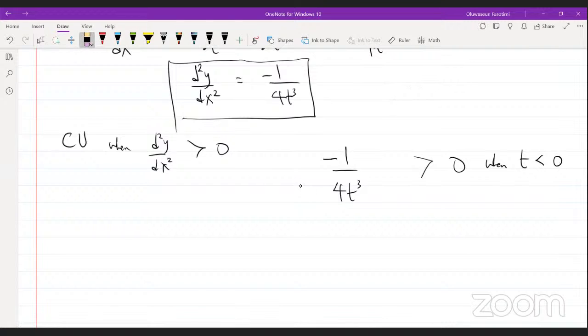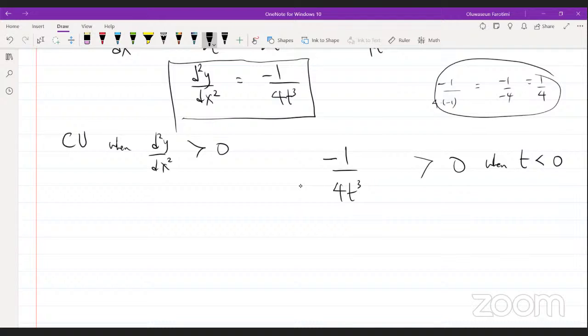Now, how did I know? How did you get that, Professor? Okay, good, easy. All right, so picking a negative number, suppose t is negative 1. So think about negative 1 divided by 4 times negative 1. This is like negative 1 over negative 4, and that's 1/4. What kind of number is 1/4? Positive.